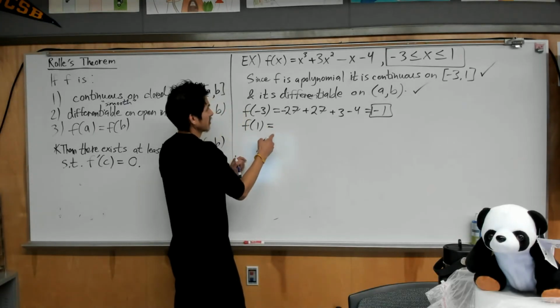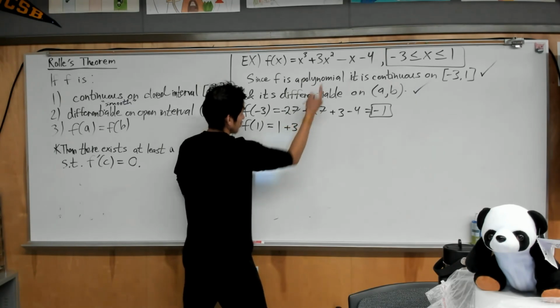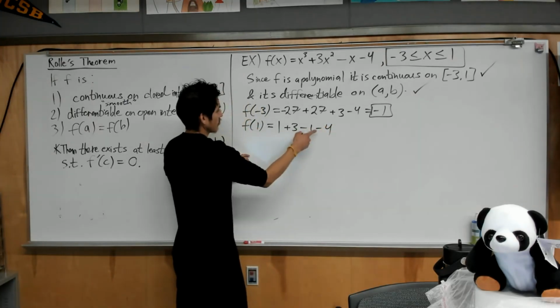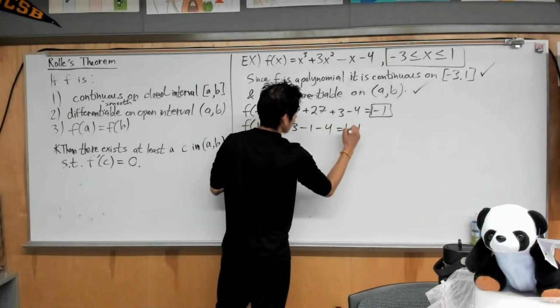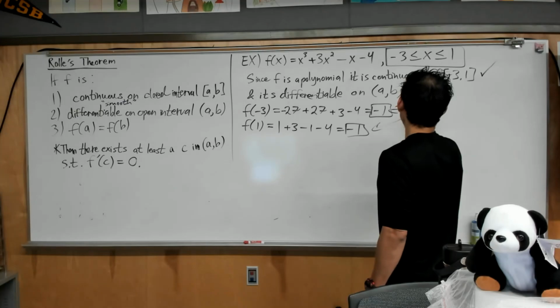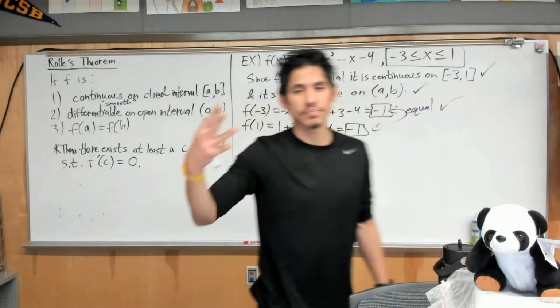And f of 1 should give us -1: 1 plus 3, minus 1, minus 4, yeah, good, -1. These are equal. So the three conditions are met.